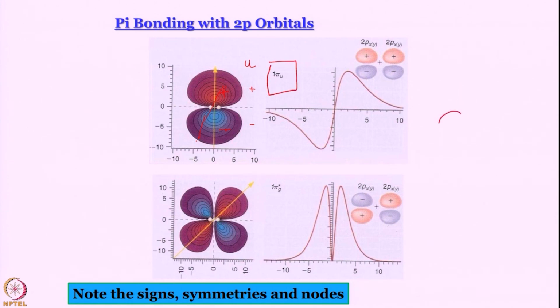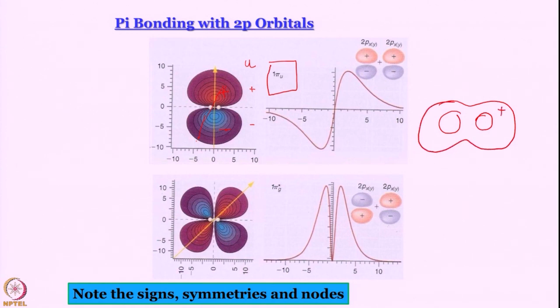If I go back to the molecular orbitals that we have drawn, what does this orbital look like when we combine this 1s and 1s? For the bonding situation, it is something like this. The contour diagram would be something like this.